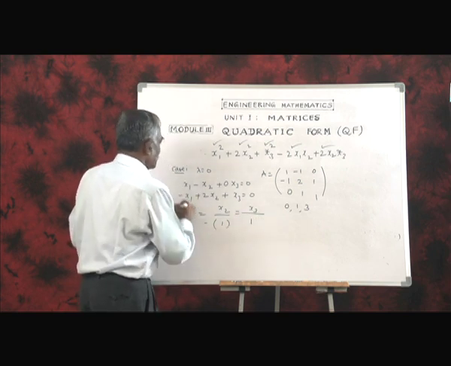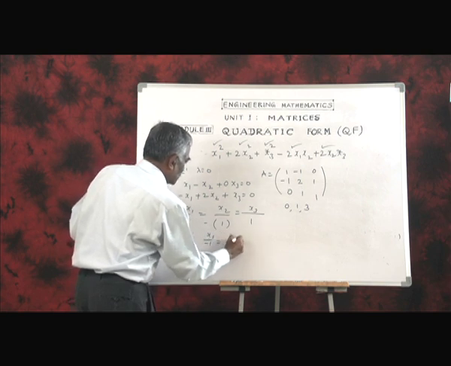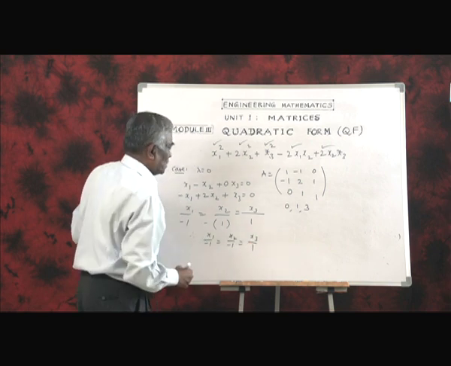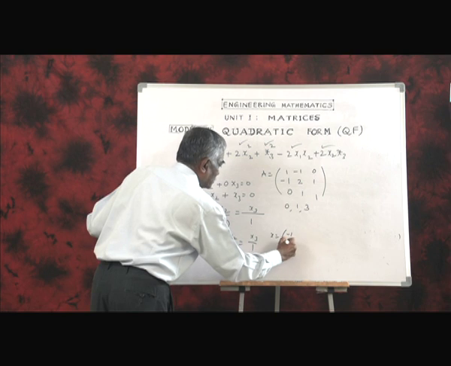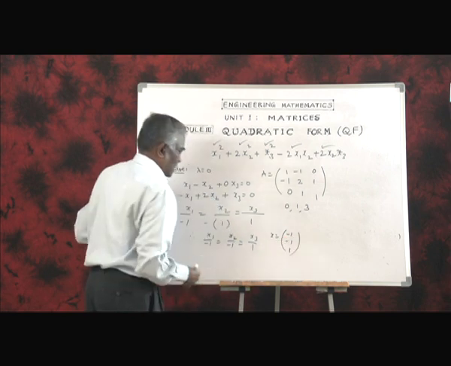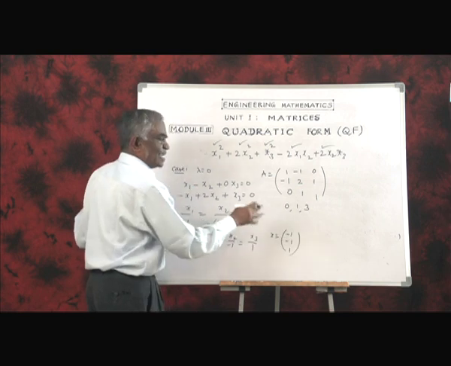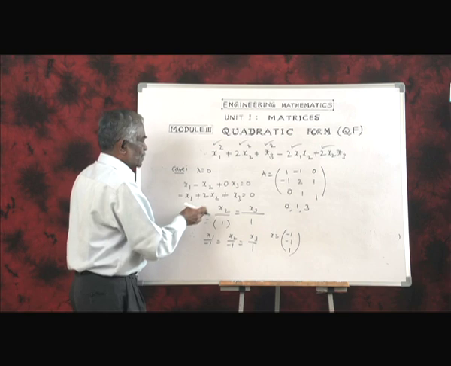So x1 divided by minus 1 is equal to x2 divided by minus 1 is equal to x3 divided by 1. So we can have the eigenvector as minus 1, minus 1, 1. We can even change the sign also, we can even write 1, 1, minus 1 also. Any form is correct. Therefore, we got the eigenvector as minus 1, minus 1, 1.